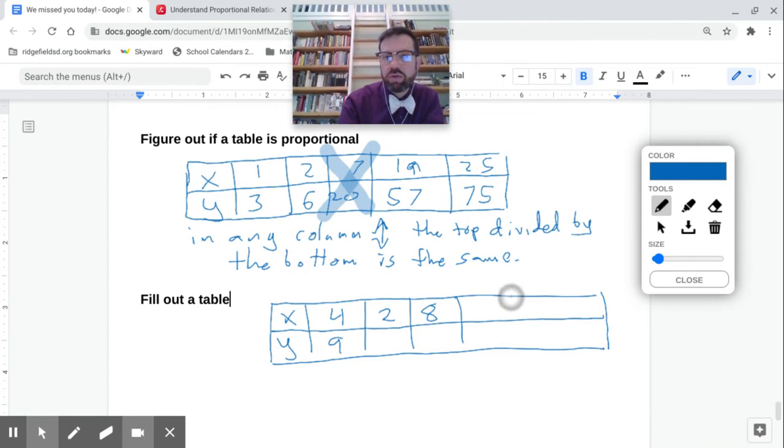These don't have to be in order. 12, and I should have one thing on the bottom. I don't know. Maybe 3. We'll do something crazy.